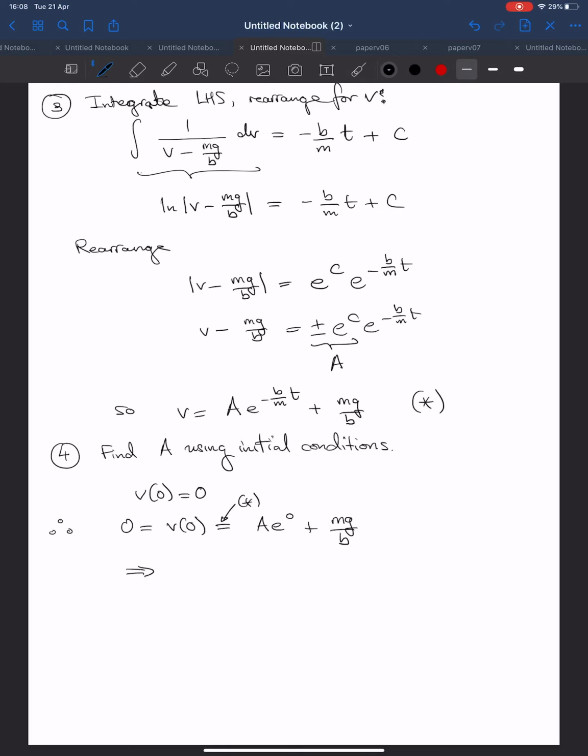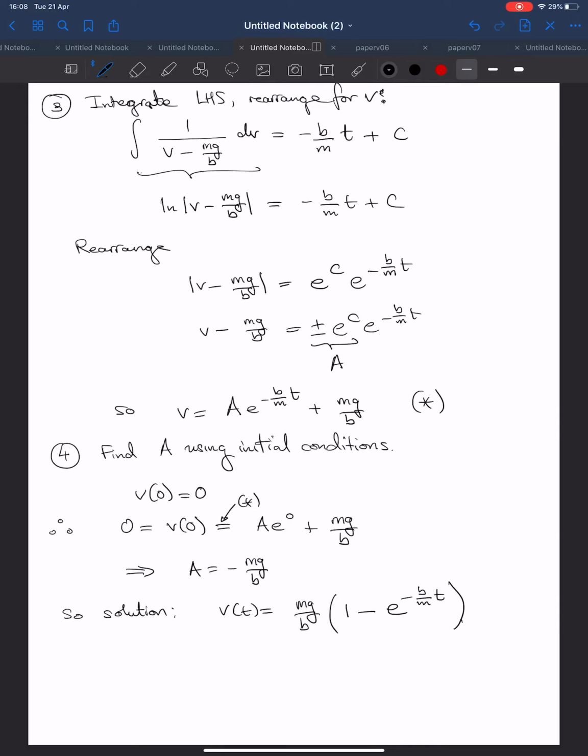So this just implies that A is minus mg over b. And so the solution is v of t equals, now I'm doing some simplification, mg over b times 1 minus this exponential term. Ta-da! Okay, so with this in hand, that's our solution.